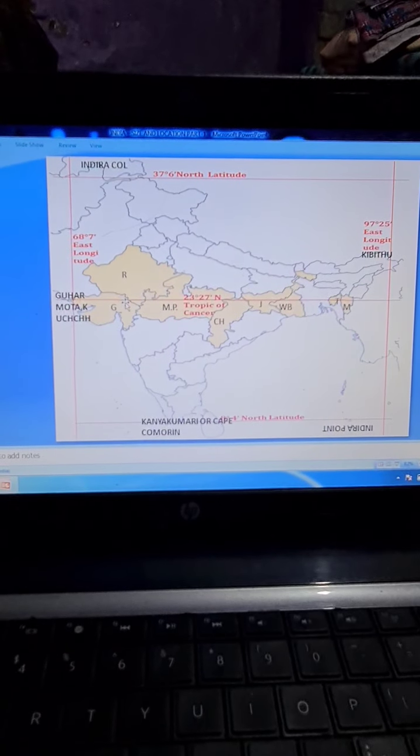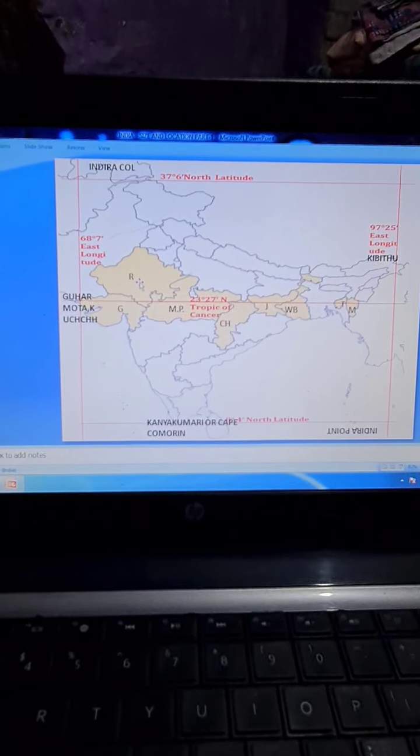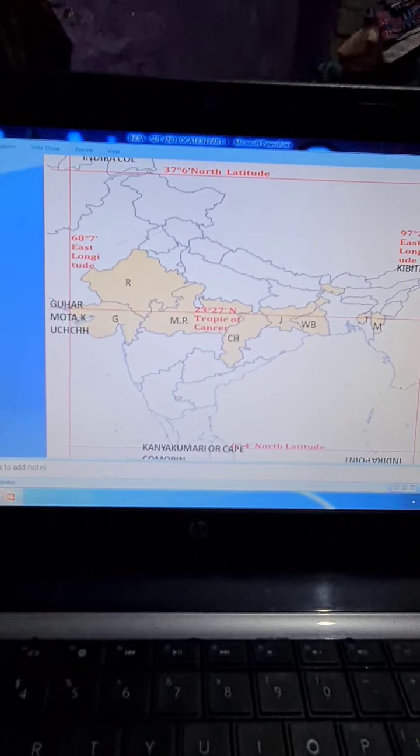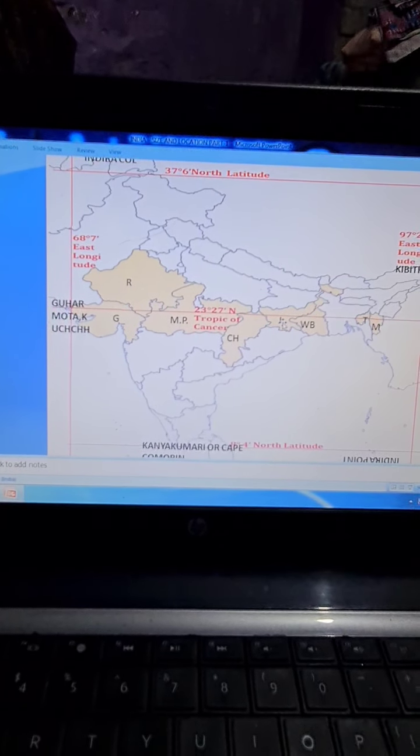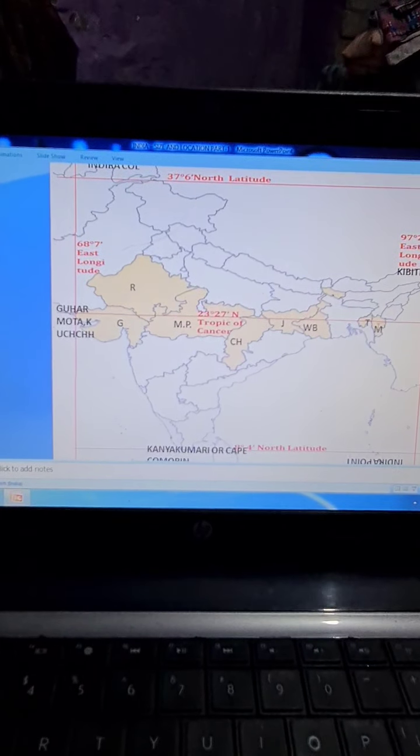Now the next thing we are seeing is a few states given in the form of shaded parts. Have a look. The first one is Rajasthan. The second one is Gujarat, then MP, that is Madhya Pradesh, Chhattisgarh, Jharkhand, West Bengal, Tripura, as well as Mizoram.